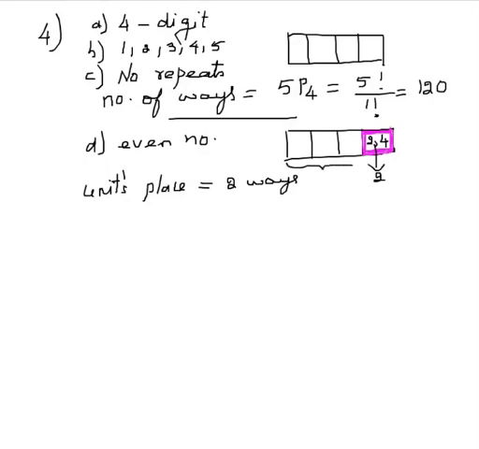For the remaining 3 places, out of 5 digits, we have used 1 digit here. So from the leftover 4 digits, we can select 3 digits and arrange.